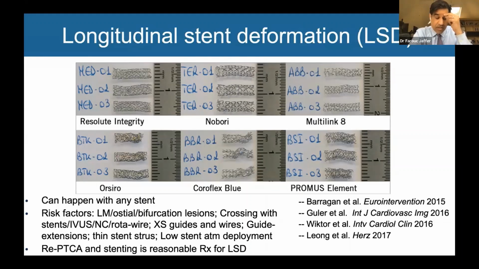That's another very common cause of stent interactions. Thin strut stents may be at higher risk, but really it can happen with any stent. And as you can see here in these panels, we can really deform almost anything. It's reasonable if one does recross to re-angioplasty and stent across it to overcome that deformation zone.